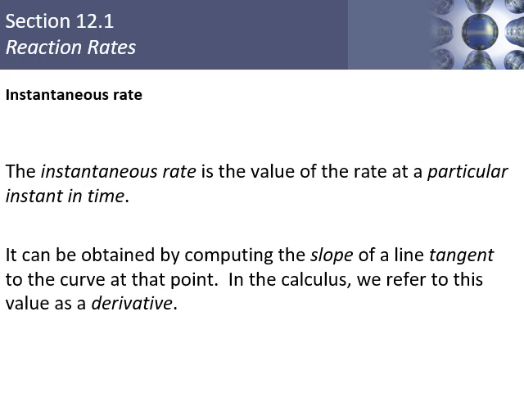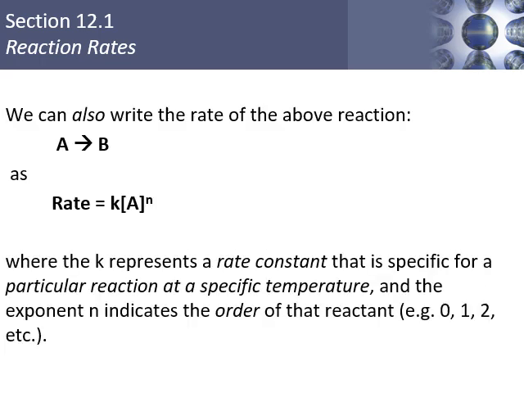And again, if you haven't had calculus, you won't understand this, but in calculus, one of the first things you learn is that if you take the slope of a curve at a certain point, that's called the derivative at that point, and that will represent the change at that moment. And that's what we're dealing with here, is the change. Let's go to the next slide.